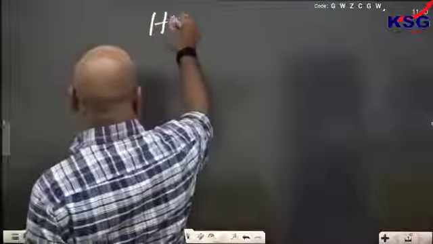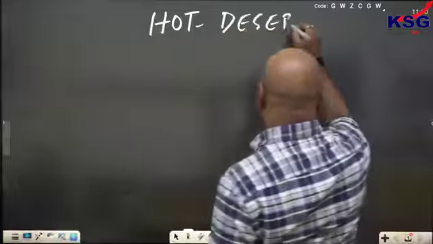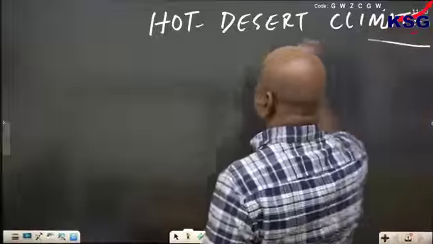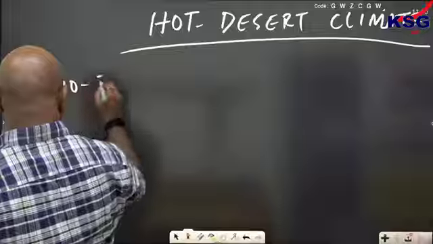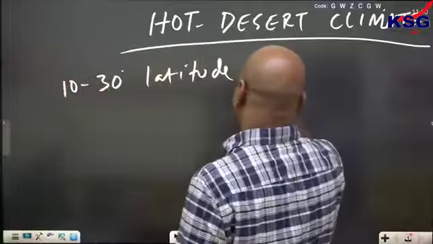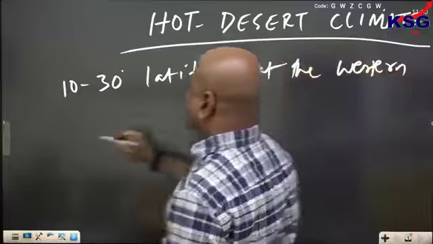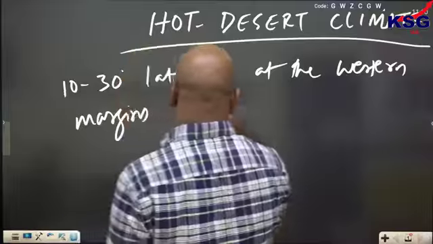Hot desert climate. Location: I told you that it is located between 10 degree to 30 degree latitude at the western margins of the continents.